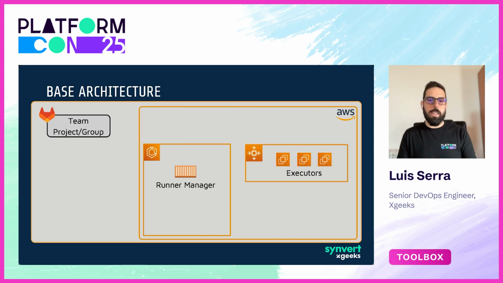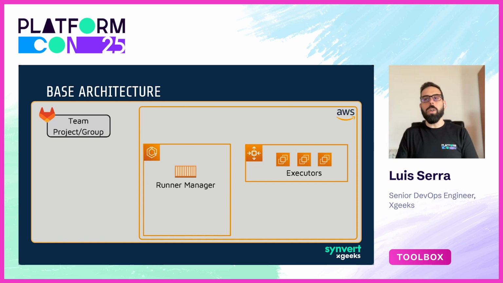Once it receives a job or a pipeline triggered by the team on GitLab, it will start to interact with an auto-scaling group. In that auto-scaling group, one or two, depending on your configuration, EC2 instances will be provisioned, what we call executors, to handle the workload that you have defined on your GitLab CI pipeline.